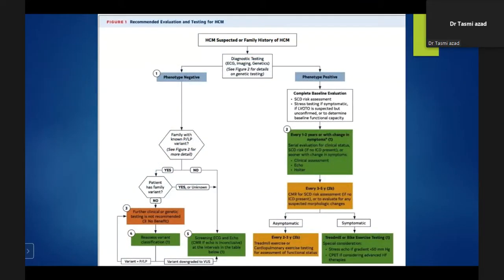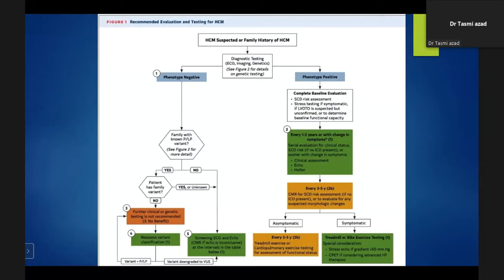If we go through this flow chart, they differentiate hypertrophic cardiomyopathy patients into two categories: those who are phenotypically positive, meaning presenting signs and symptoms, with findings in physical examination and echocardiography imaging. For those who are phenotypically positive, we will go through a complete baseline evaluation.